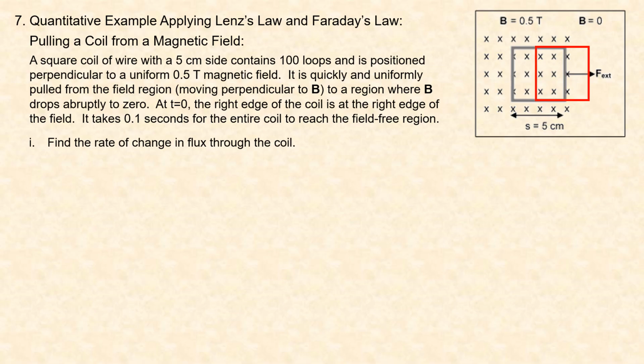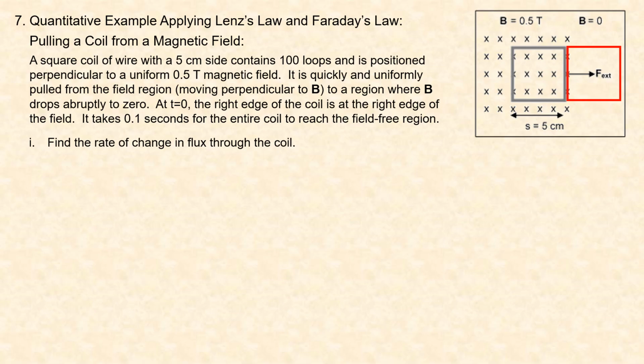And you see here that as that coil is pulled to the right, the flux through it changes in time. Certainly, once the entire coil is in the field-free region, there will be no change in magnetic flux, since any motion subsequent to that, there will be no magnetic field that penetrates it.